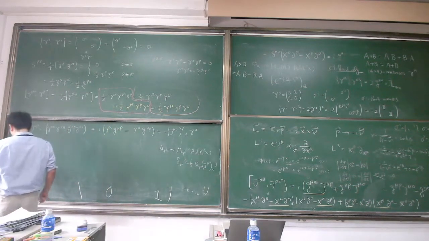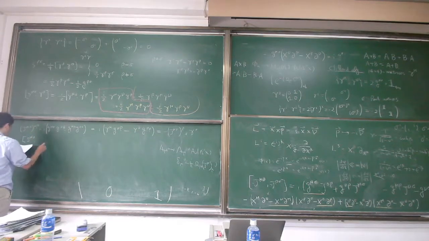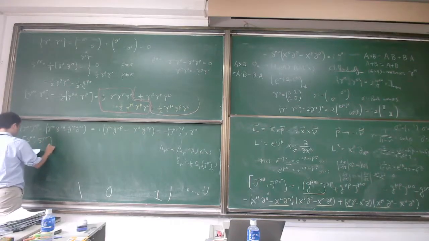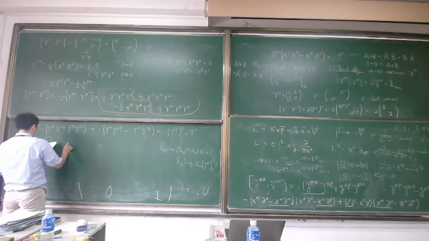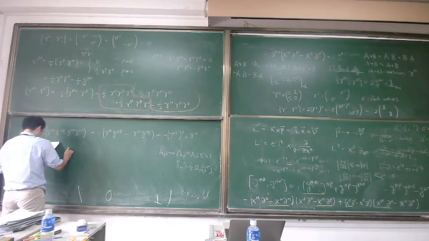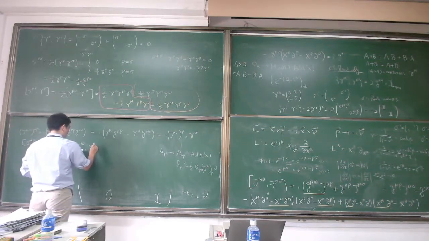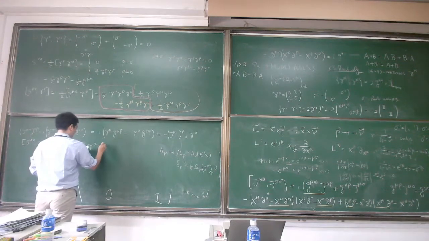And I'm going to do the following thing. So I will surprise you a bit more. If you take a commutator of this one, okay, i over 2 S mu nu gamma rho gamma sigma.